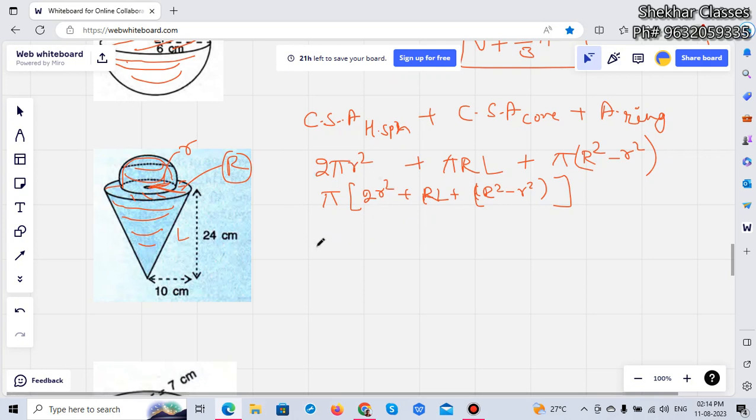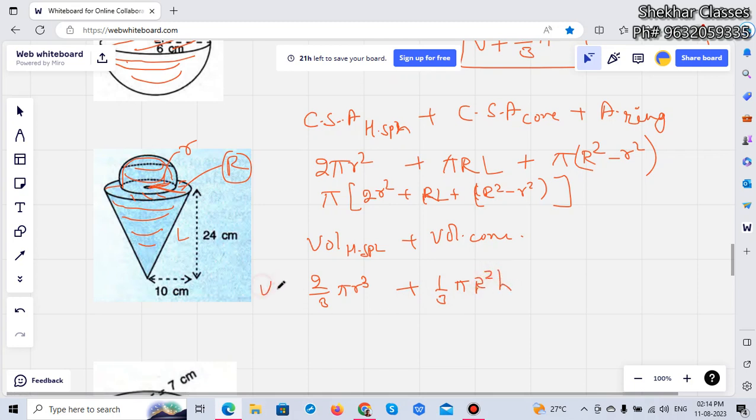What about the volume? Simple. For volume, this will be the volume of the hemisphere plus the volume of the cone. What is the volume of the hemisphere? That is 2 by 3 pi small r cube. And the volume of the cone is 1/3 pi capital R square h.